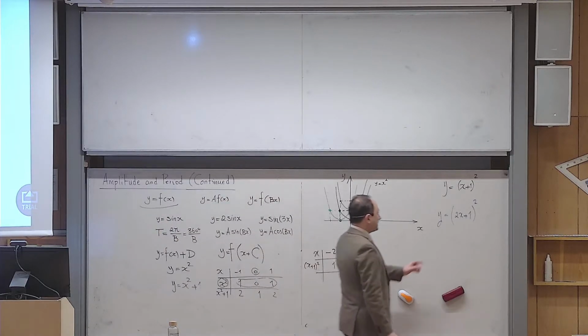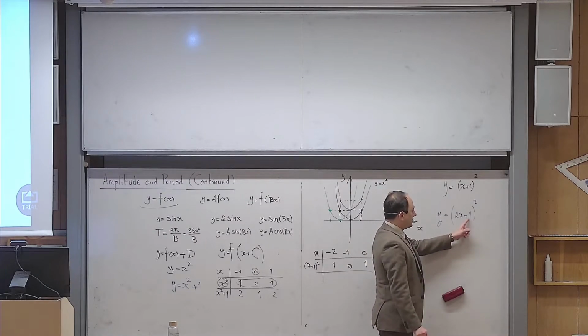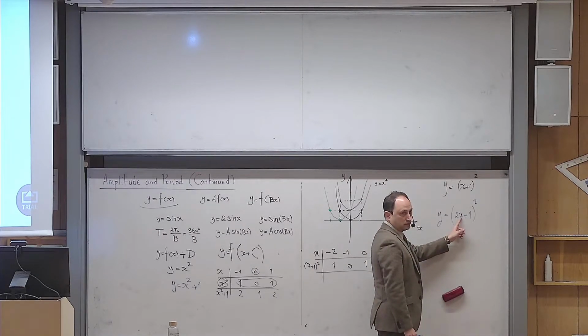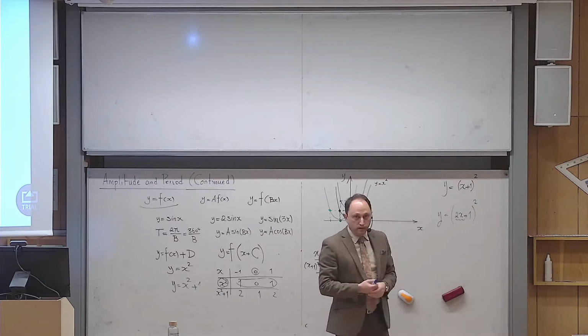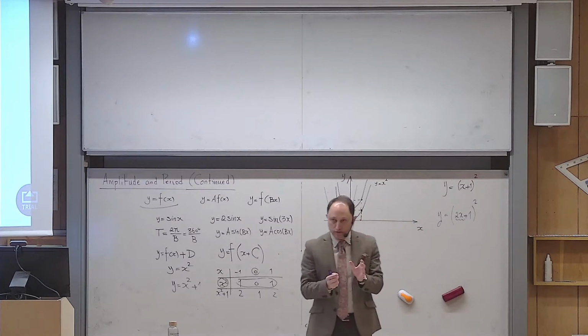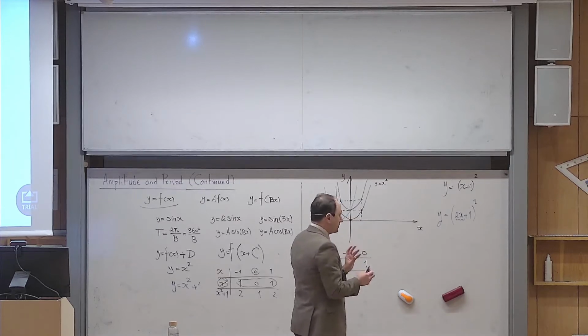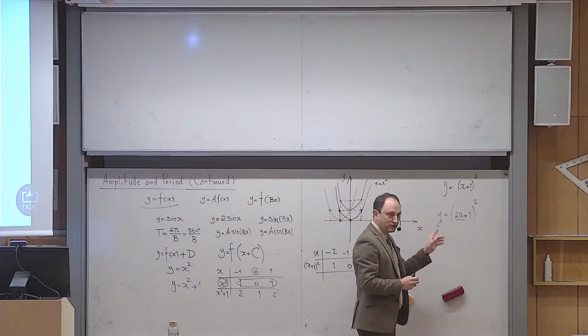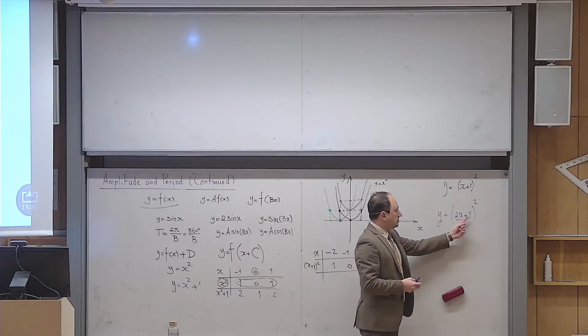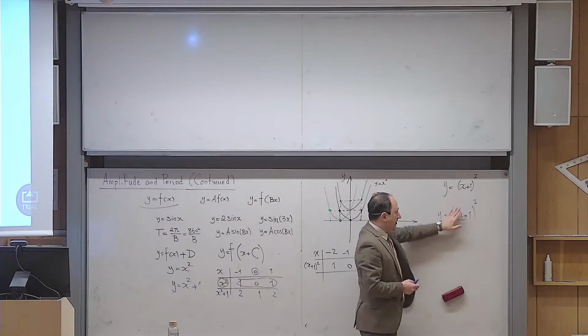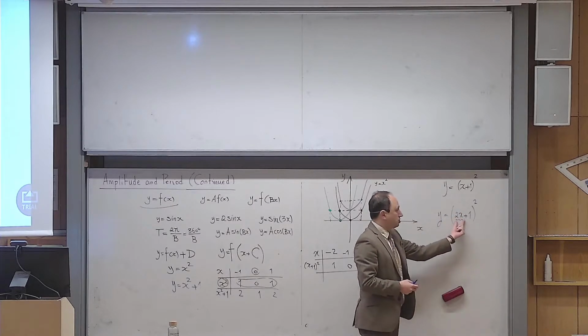Because I told you that this 1 is not added to x. It is added to the whole combination 2x. So this is not the amount of shift, because the amount of shift is the number which is added to x itself. Okay? So now this is clear that this 1 is not the real shift, because 1 is not added to x itself, it is added to 2x.